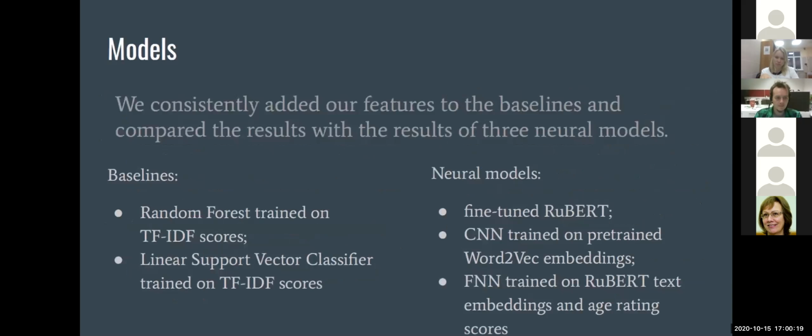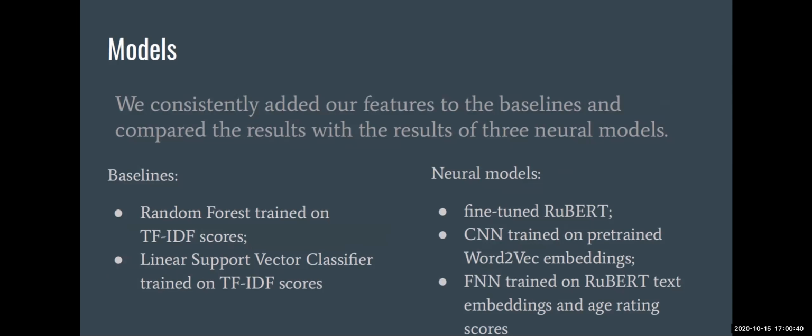So we created 2 baselines. The first is a random forest classifier trained on TF-IDF scores, and the second is a linear SVM classifier. Then we consistently added our features to the baselines and compared our results with the results of 3 neural models.